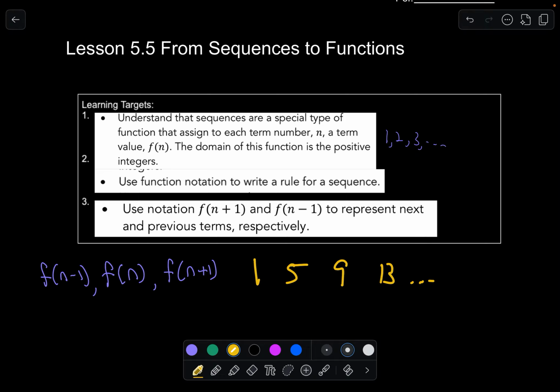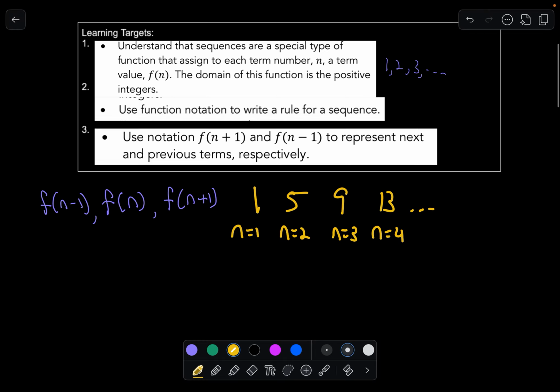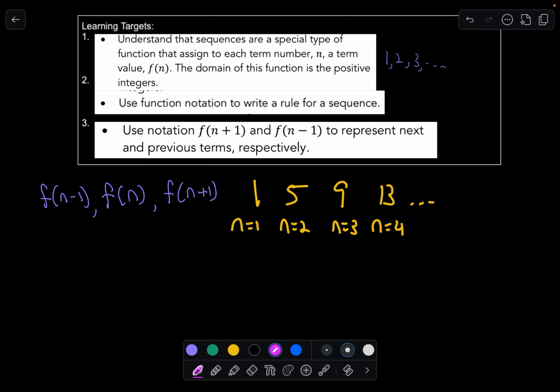This is the first term, the second, the third, the fourth, all right? If we call 5 f of n, this would be f of n minus 1, the one right before it in the sequence, and this term would be f of n plus 1, which is the term right in front of it.